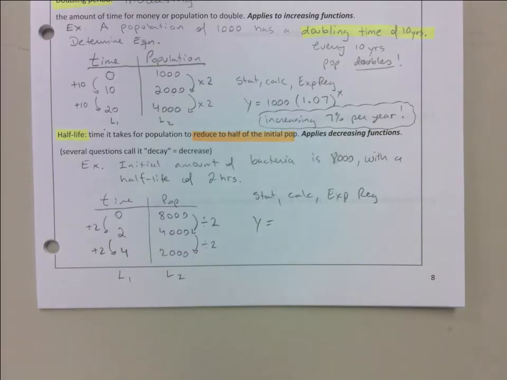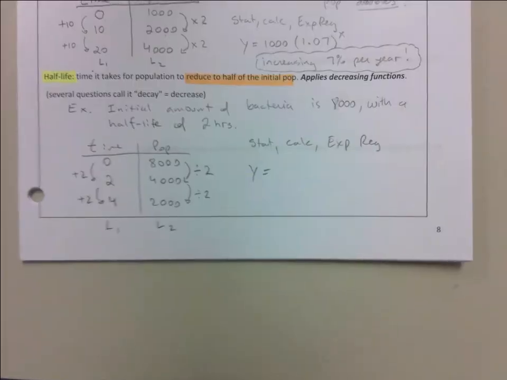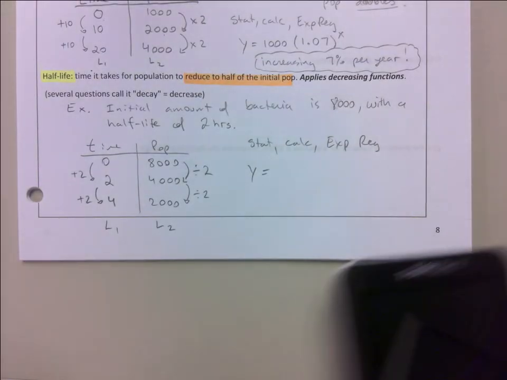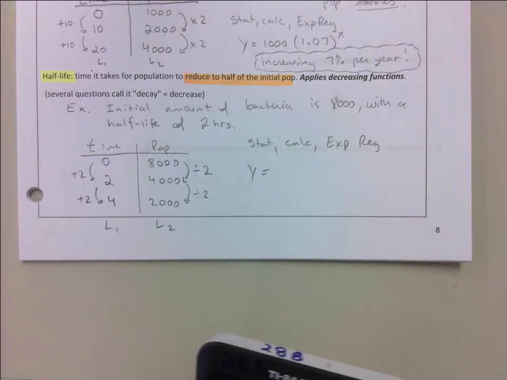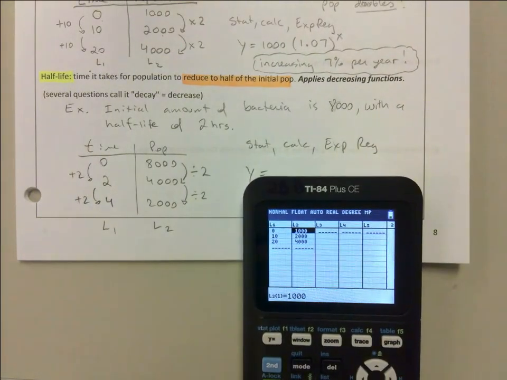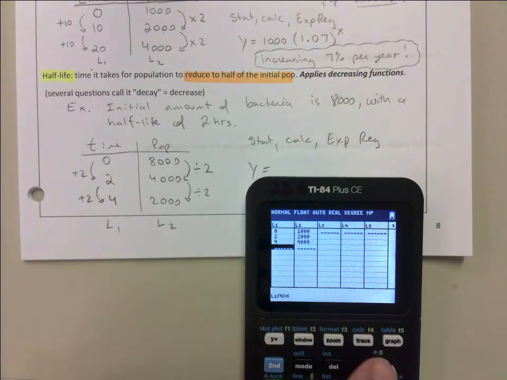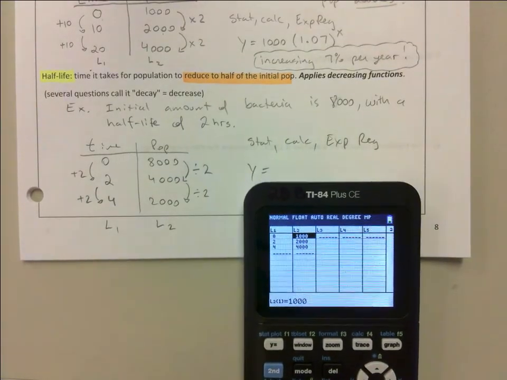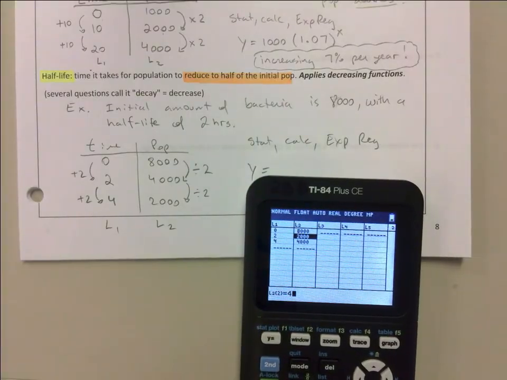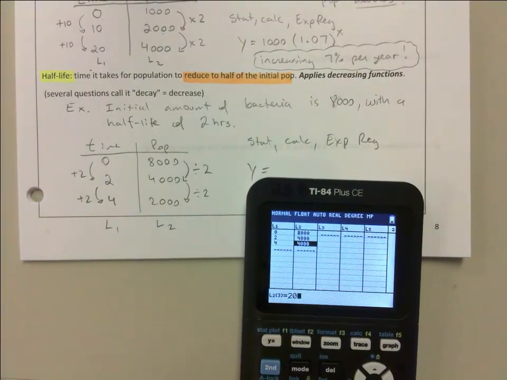Let's come up with our equation. I will type this in. 0 to 4. 8,000, 4,000, 2,000.